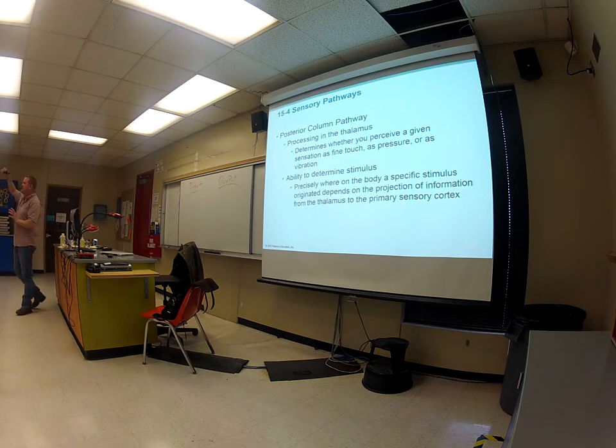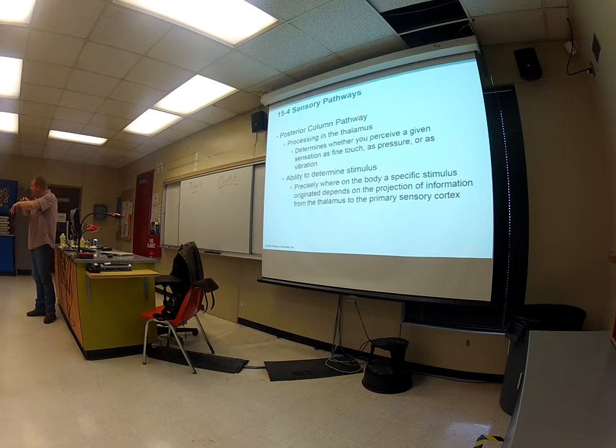As it's moving up, you're taking in more information. It's being processed. Once it gets to the thalamus, all the information comes together, and you figure out what it is. Am I at touch? Is there pressure? Is it a spider? You figure out what it is.